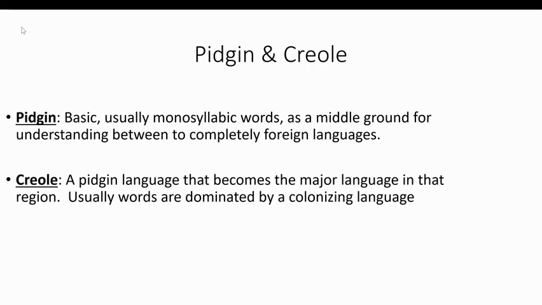And so typically, when you get two foreign languages that are trying to communicate with each other, they start off in simple monosyllabic communications, contractions of two words into one, and we call that pidgin. Whereas when a completely different language results from those two languages that originally collided with each other, we call it a Creole. Another good example of a Creole would be Swahili.